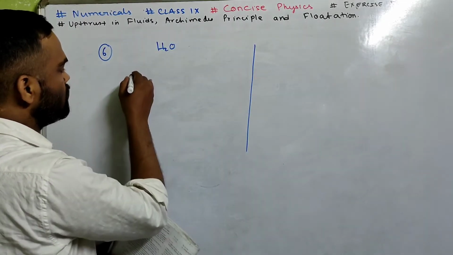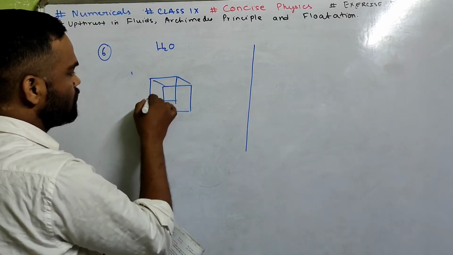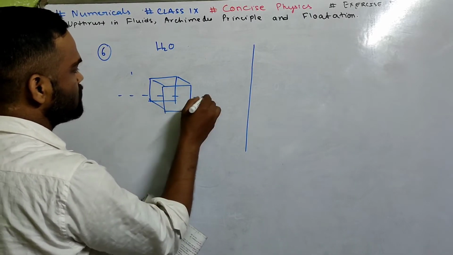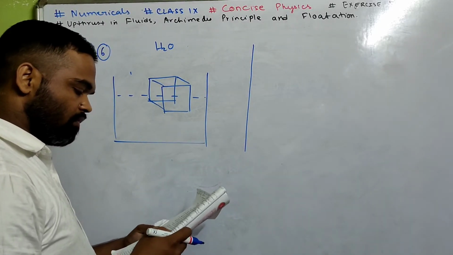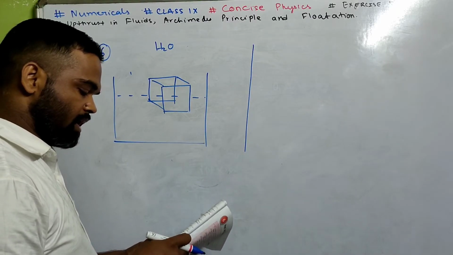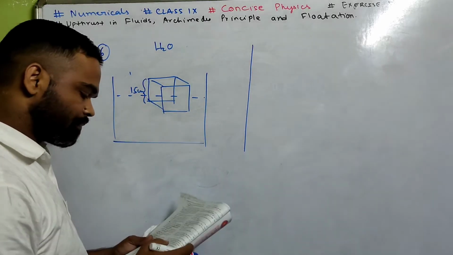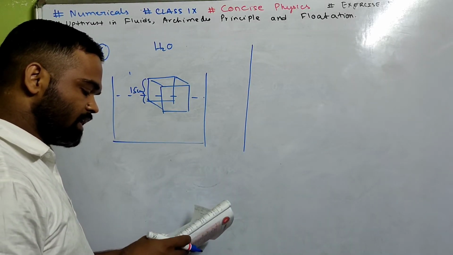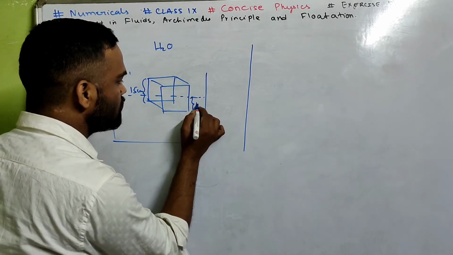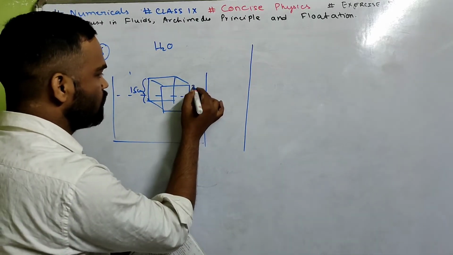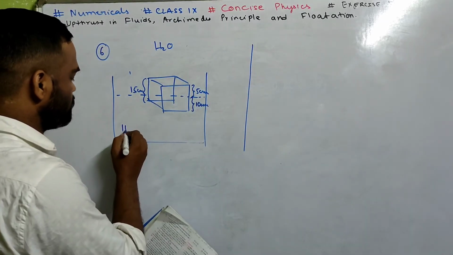In water, the total height is 15 centimeter, and it floats vertically with 10 centimeter in water. So inside water is 10 centimeter, so outside water will be 5 centimeter. No doubt in that.